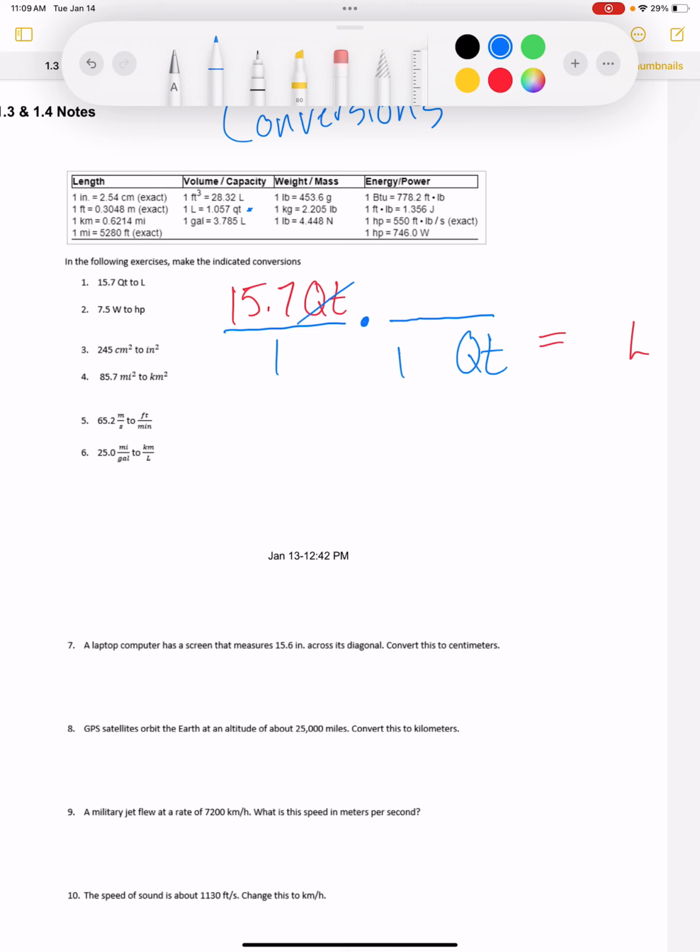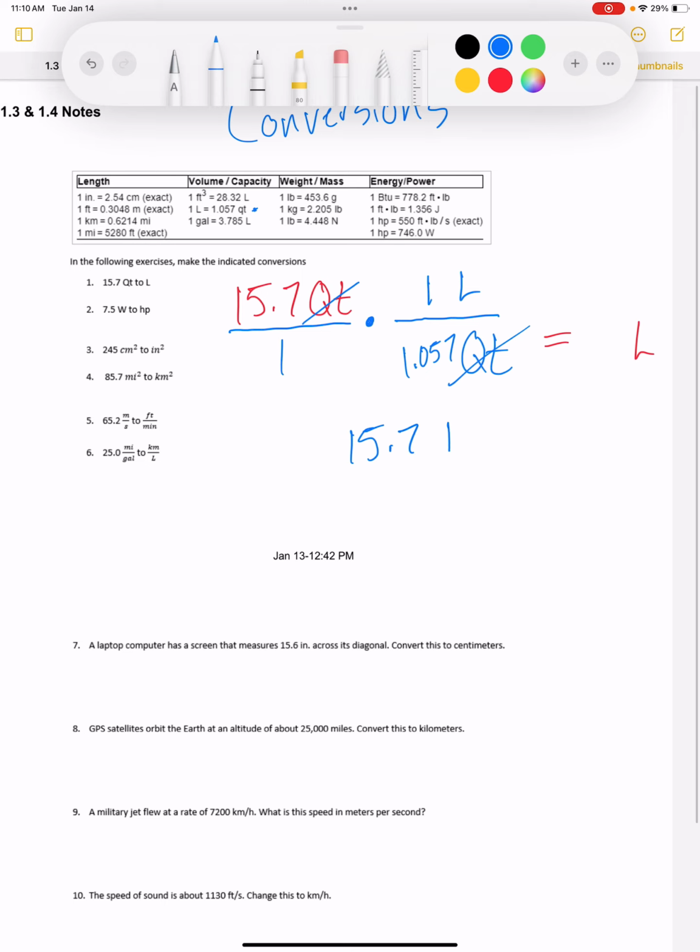And I know there's 1.057 quarts for every 1 liter. Well, now the quarts will cancel out when I multiply together. And then I got 15.7 times 1 liter. So that's 15.7 liter divided by 1.057. There's no units here.